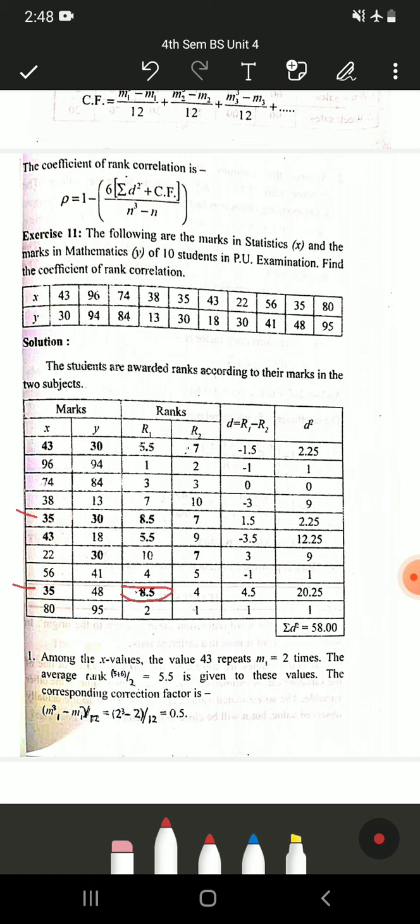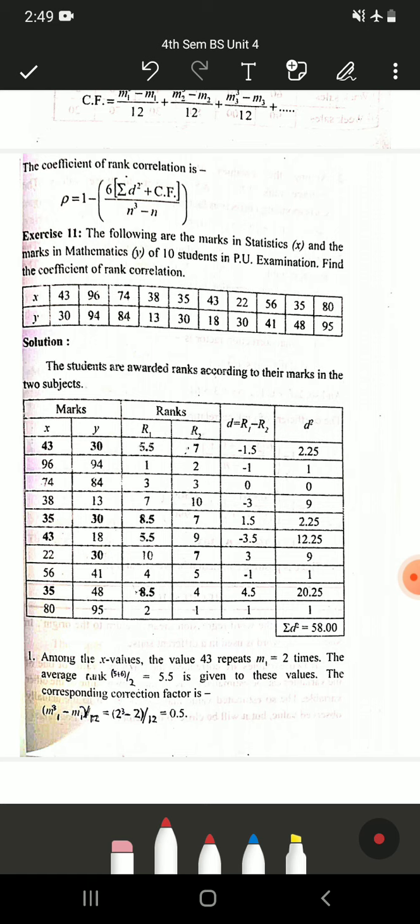So you have to assign 8.5 and 8.5. After 35, the lowest number is 22, which gets rank 10. So you can see we have ranks assigned from 1 to 10 because there are 10 students, and even though there are repeated values, we have assigned ranks fairly. Similarly, we'll assign ranks for the mathematics subject.